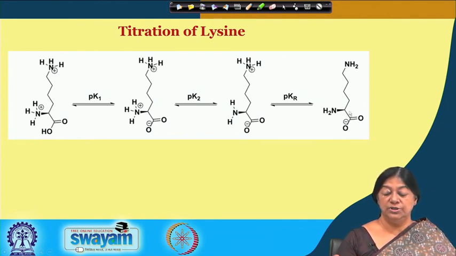What is the charge here? -1. What are the two pK values responsible for this? pK2 and pKr. So, what will be the PI of lysine? It will be pK2 plus pKr divided by 2. So, that is how we will be able to determine the PI values of these specific amino acids.